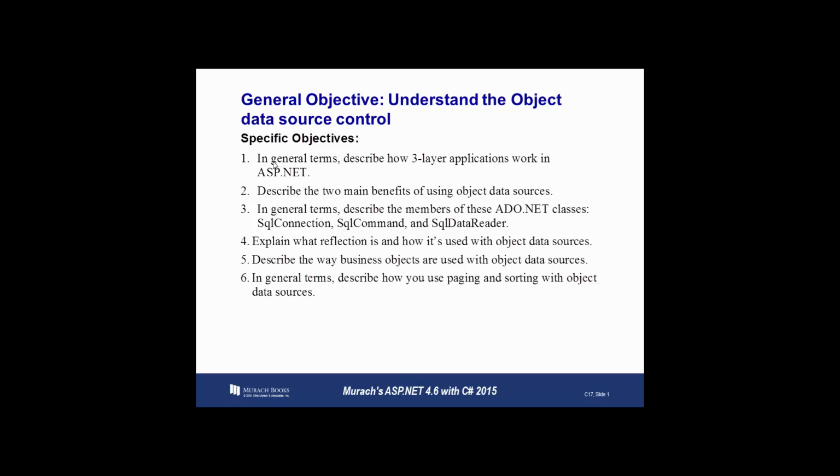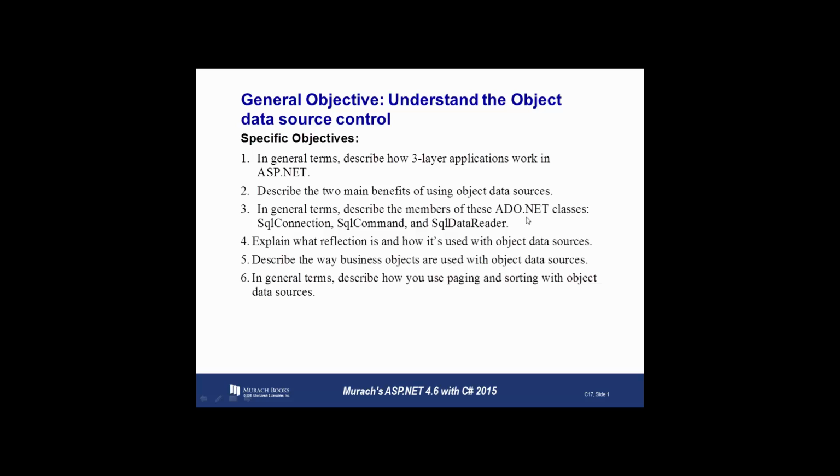Whereas everything up until this point has not been a 3-tier application, they have actually been a 2-tiered application. And so we'll get into that a little bit more, but realizing that one of the main reasons of doing this extra coding, because we're going to be writing a lot more code in this chapter than we've written up until this point, the benefit of that is 3 layers, 3 tiers.